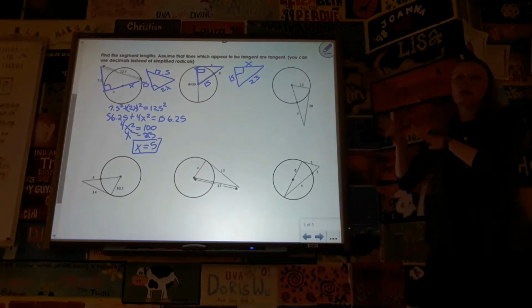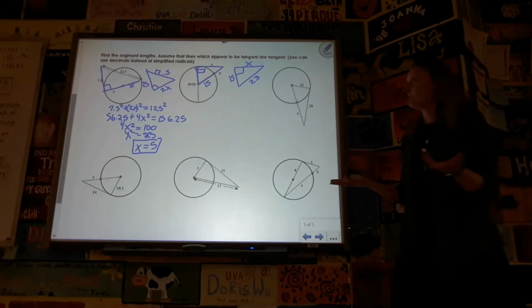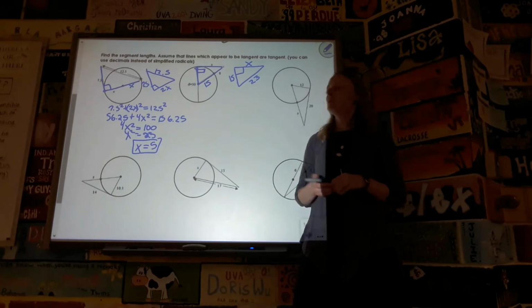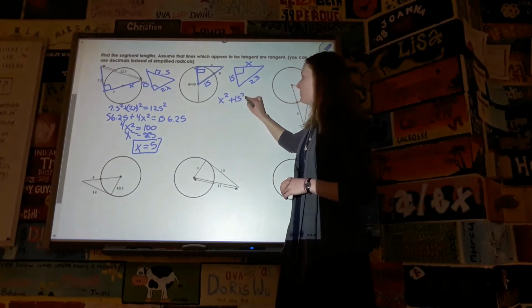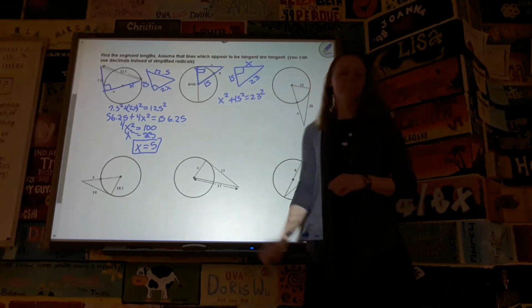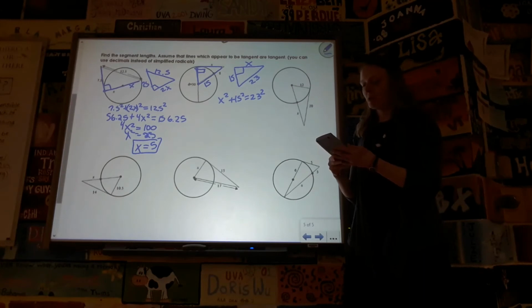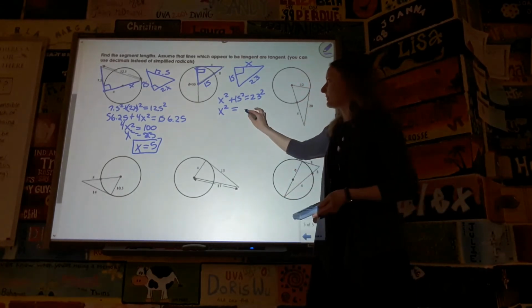Alright, so once you get the triangle all set up with all the numbers everywhere, it's just as simple as Pythagorean theorem. Okay, which one of these is our C? 15. Nope. 23 is the C. So we're going to do 15 squared plus x squared equals 23 squared. I'm just going to go ahead and subtract those in my calculator. So whatever those numbers are squared, when you subtract them, you get 304.